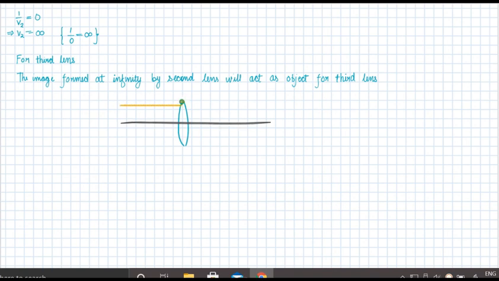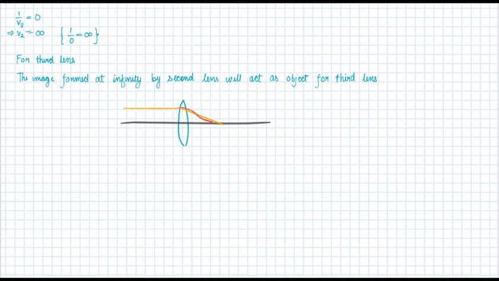It should pass through the focus. Now in this case, the focus for this third lens is how much? It is 30 centimeter. So a ray which starts from infinity after refraction should pass through the focus, and this length is 30 centimeter.